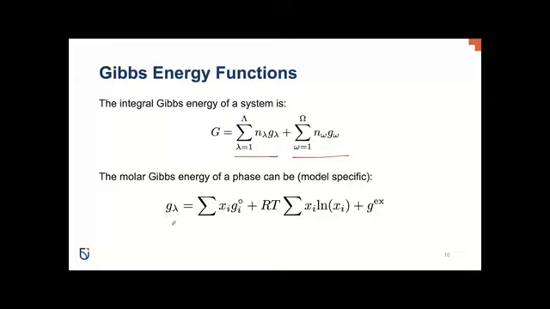Expanding the Gibbs energy, the molar Gibbs energy of a solution phase can be written by the equation given here, where we have a combination of the reference Gibbs energies of the pure species, the ideal mixing of the species within that phase corresponding to the mole fractions, and finally the excess Gibbs energy.